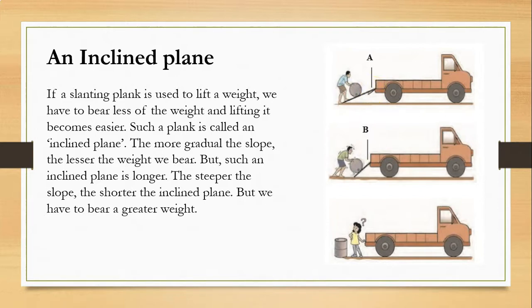So the more gradual the slope, the less weight. But such an inclined plane is then longer. Yes, a gradual slope means the inclined plane is longer. With a steeper slope, the inclined plane is shorter, but we have to bear great weight. So you have to keep these two things in mind.